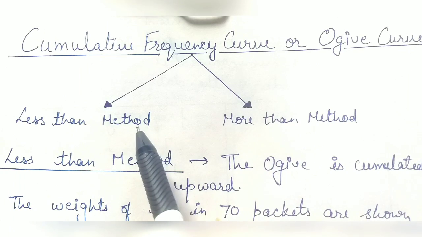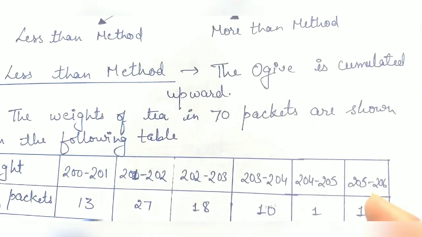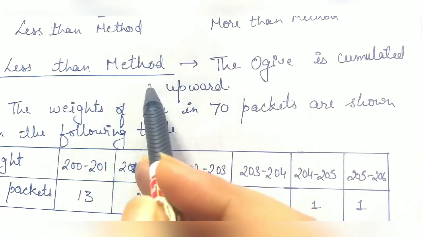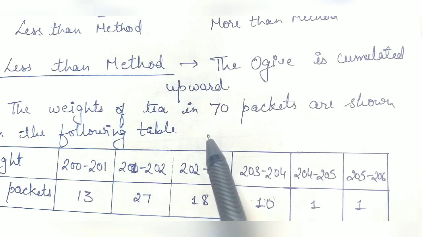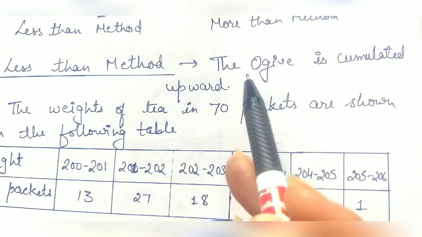Starting with the less than method. What is the less than method? The ogive is cumulated upward in the less than method. It is basically going in an upward direction.